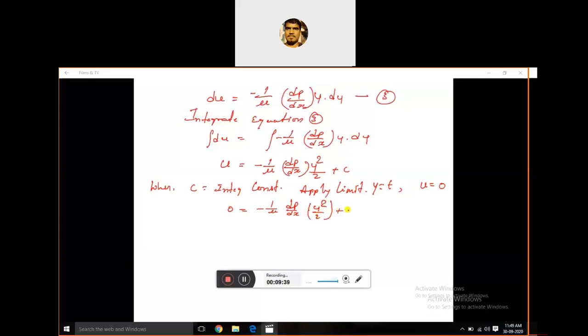We got the value of c, where c is equal to 1 by mu dp by dx t square by 2. Apply this c value in the above velocity equation, and if you simplify, you will get the final velocity equation.